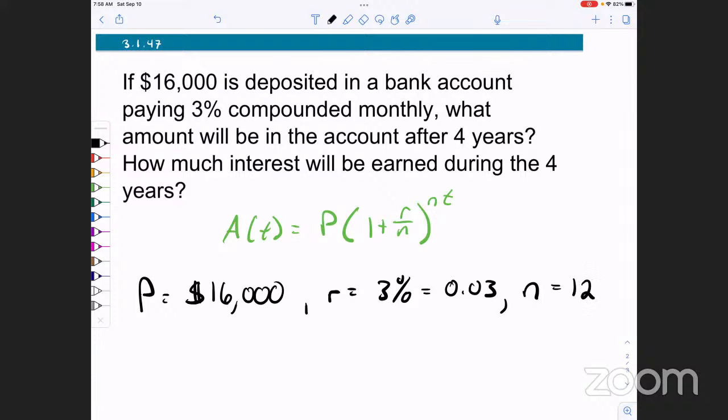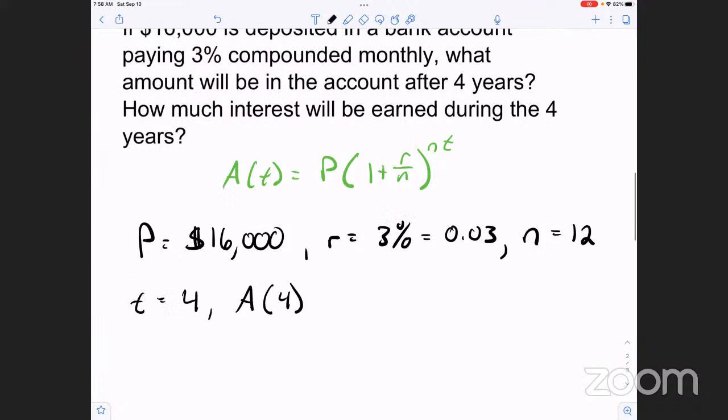What amount would be in the account after 4 years? So our time t is 4 years, and we're trying to solve for A of 4. That's our unknown. Then we can plug these components into our formula.